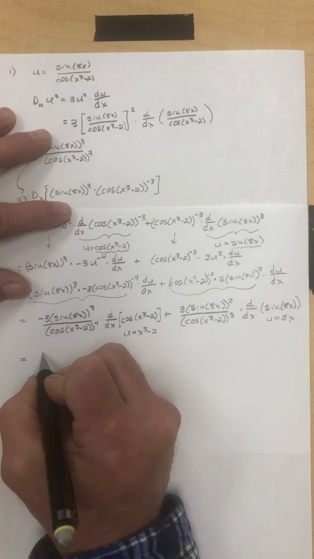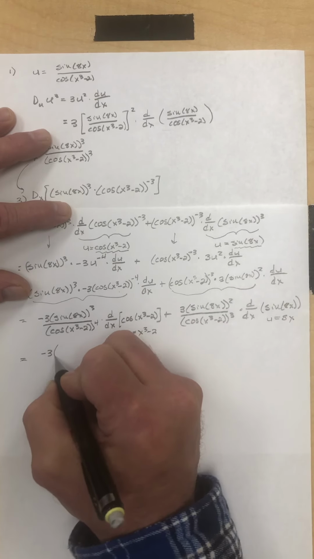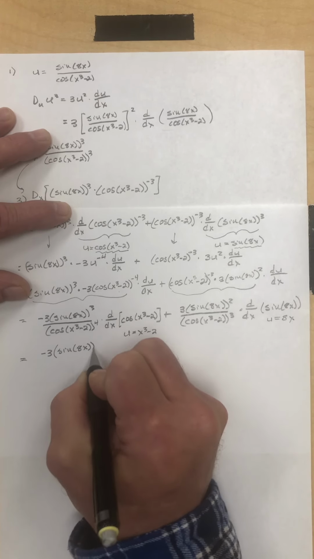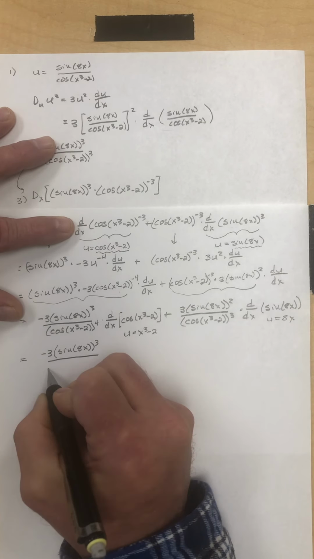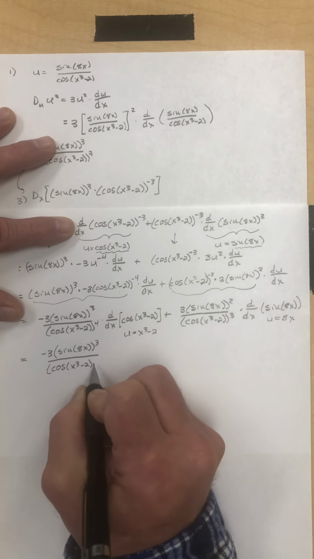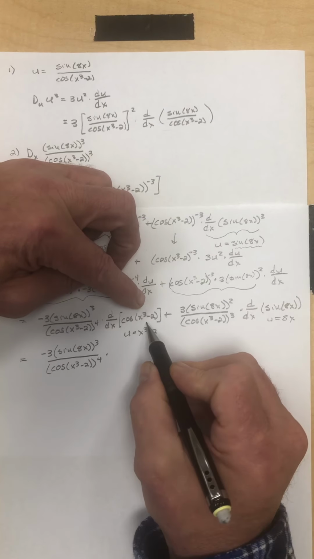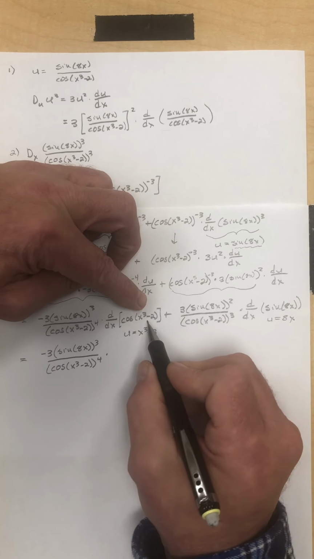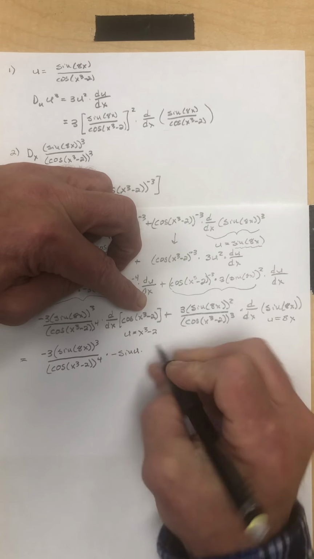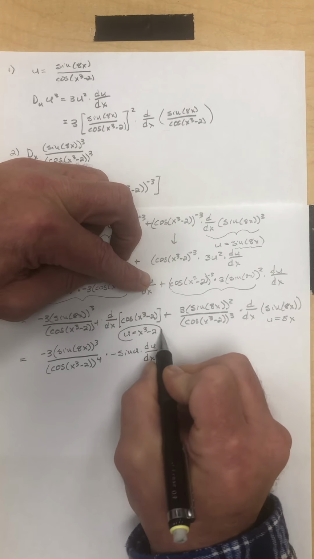So we bring this down, negative 3 sine of 8x cubed over the cosine of x cubed minus 2, all to the fourth, times, well, if this is u, this is the derivative of the cosine of u, so I'd get the opposite of the sine of u times du dx.